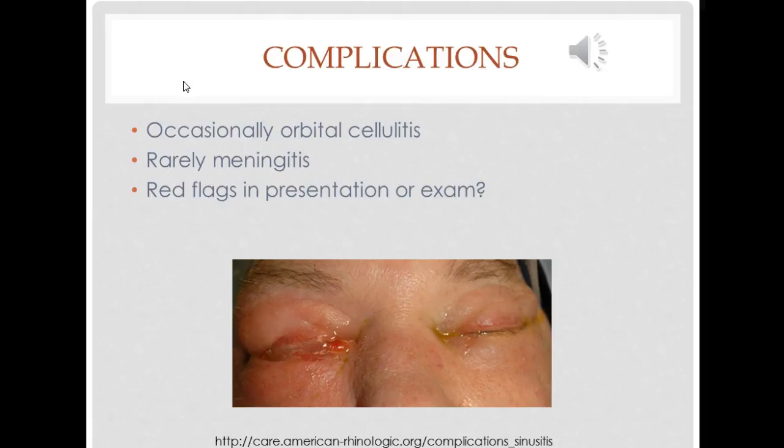And of course, that's going to be part of your exam. But in terms of complications, again, the orbital cellulitis, the meningitis, which again the book talks about at some length, and you can look at what things might be going on.